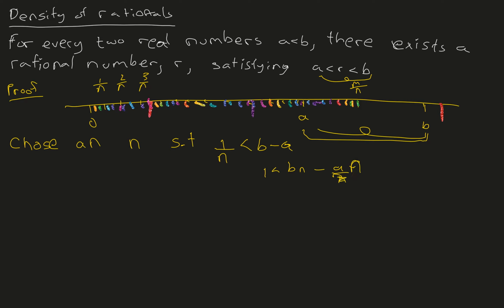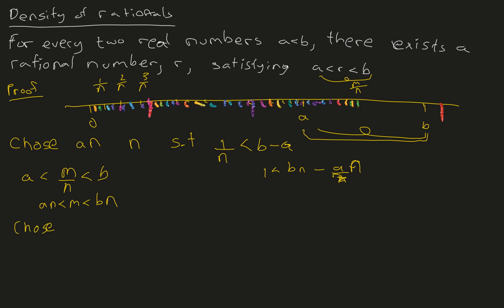Remember that we're trying to find a rational number between a and b. So this can be written as an is less than m is less than bn. Now choose m.